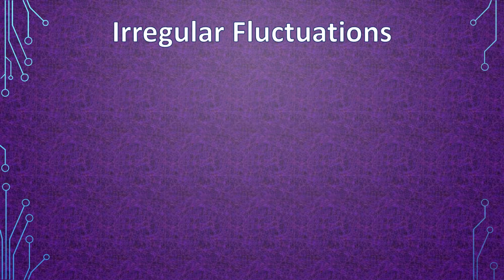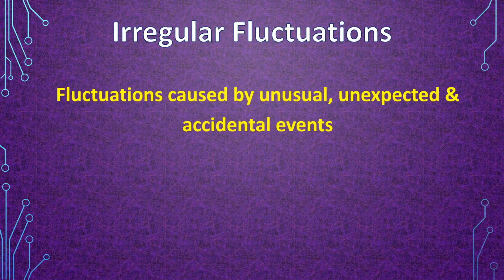Now, this is the last component of the time series, which can be obtained after separating the secular, seasonal, and cyclic variations from the original data of the time series.